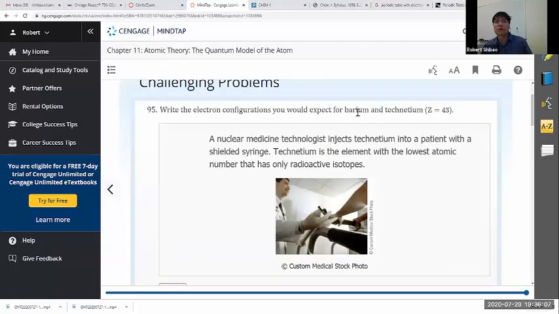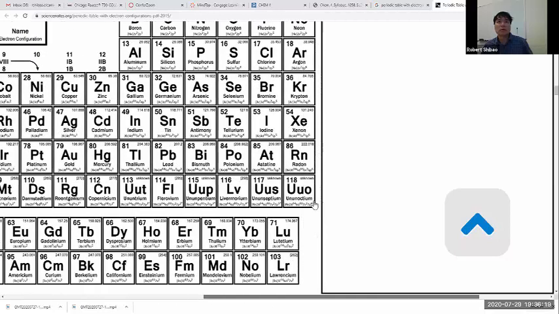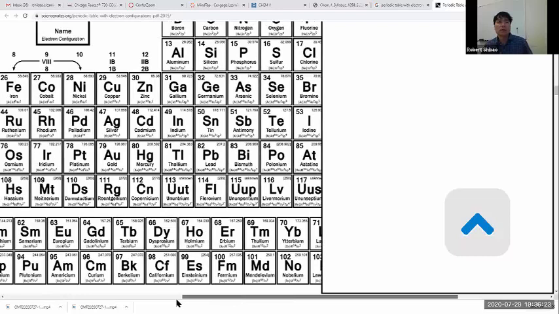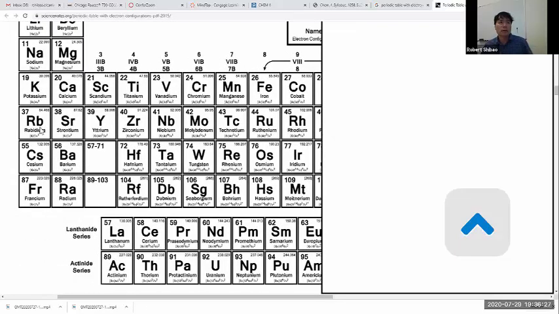Now the electron configuration for barium and technetium. If we do technetium, then we filled up the fourth shell, which is krypton. So we can use krypton as the noble gas core. Then we're at 5s.